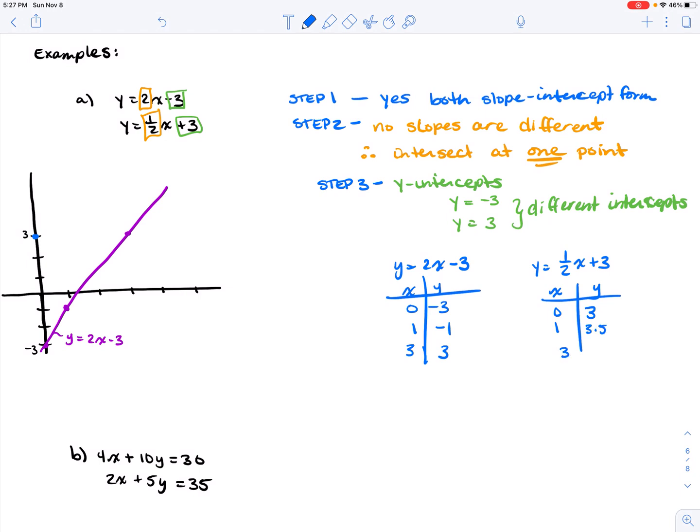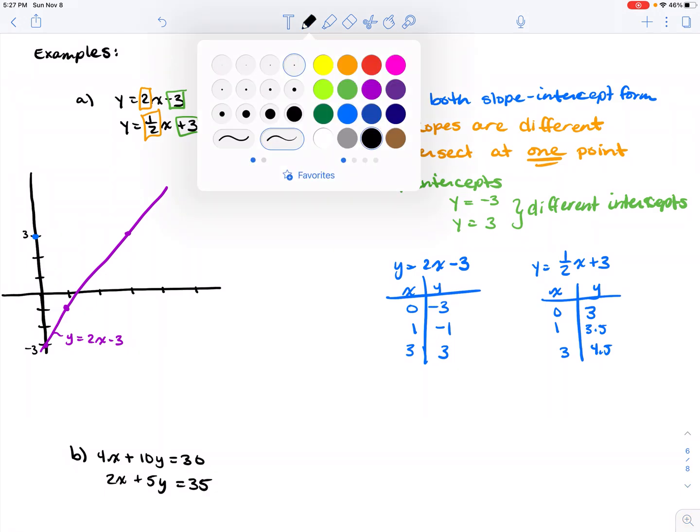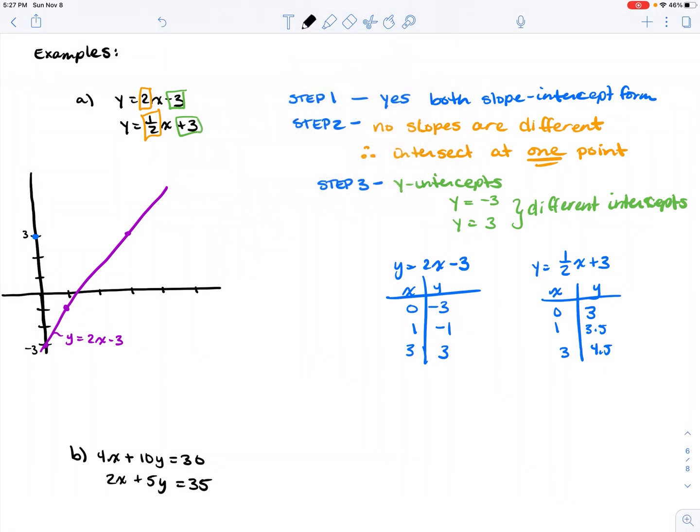And if I do 3, it gives me 4.5. So I have 1 and 3.5. Oh, I need some more points up here. So that'll be 6. Let's get back to my blue. I have 3.5 and 1, so that's roughly about here. And then I have 3 and 4.5, which is about there.